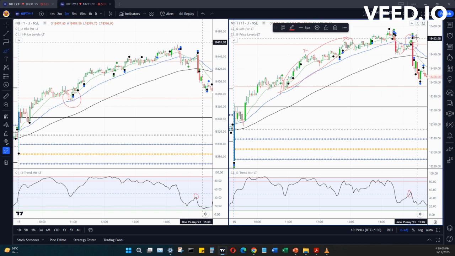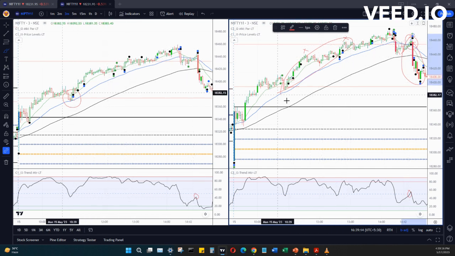So this could have been a second low probability setup because of the time. It's post 2:45, but barring this particular trade, this one trade was a high probability setup, and we could have made some profits.